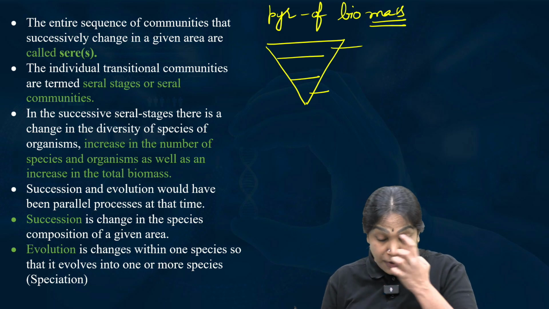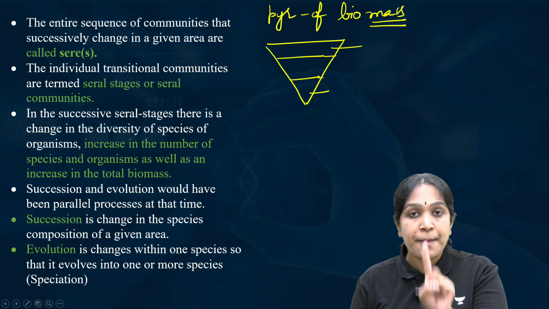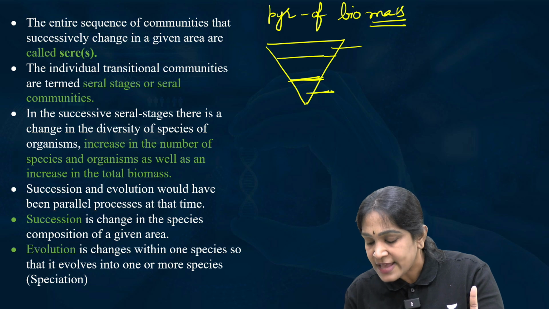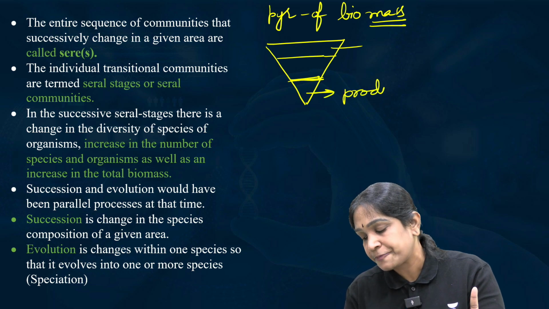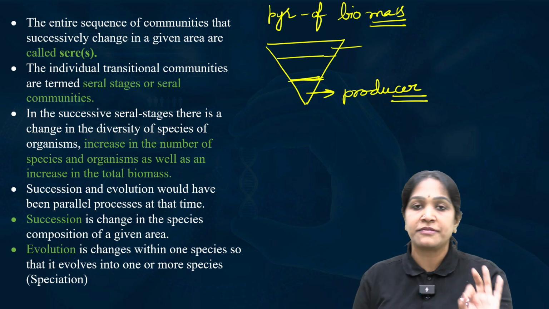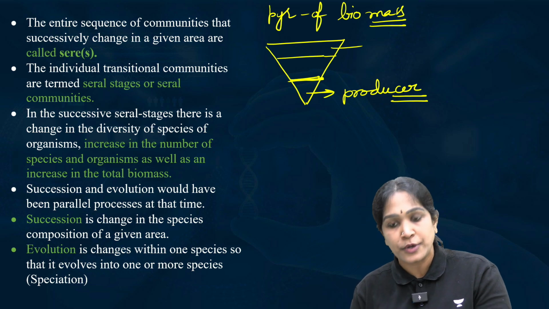So here one important point that we should remember is, whatever might be the shape of the pyramid, the bottom level is always that of the producer. Whatever, the pyramid shape can be upright or inverted, but the bottommost step is always that of the producer.